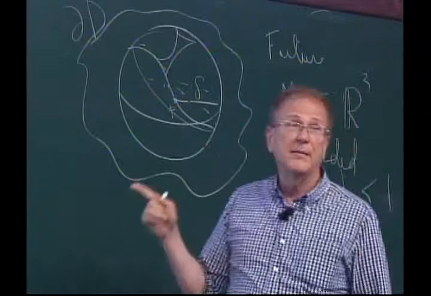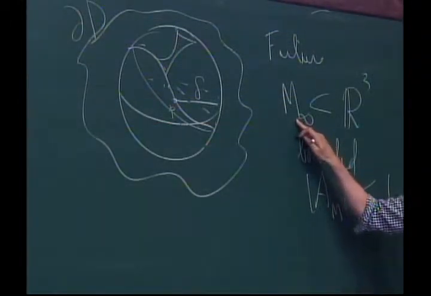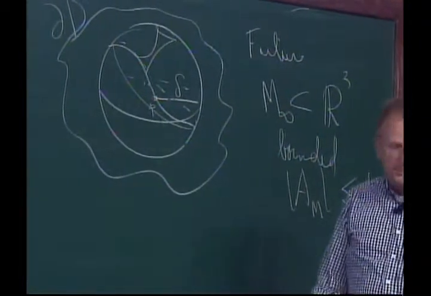Why do I say constant mean curvature and not minimal? It's because I'm not assuming that there's a bound from above on the mean curvature. This mean curvature might be going to infinity. In order to fail an estimate, maybe it's true for constant mean curvature 1, but not true for constant mean curvature 1,000. The estimates get worse and worse. So when you rescale, all I know is that this surface has bounded second fundamental form and constant mean curvature. Maybe it's minimal, maybe it's not.